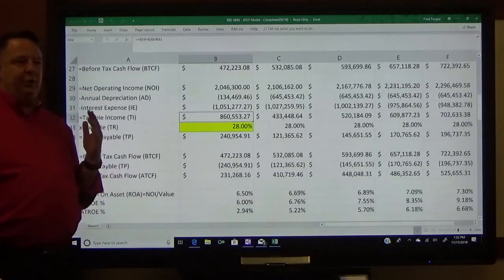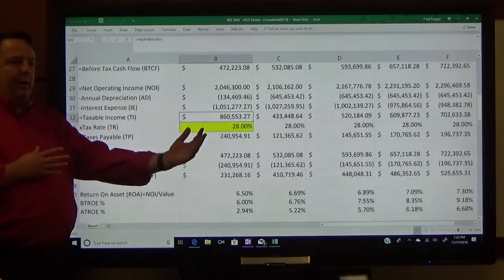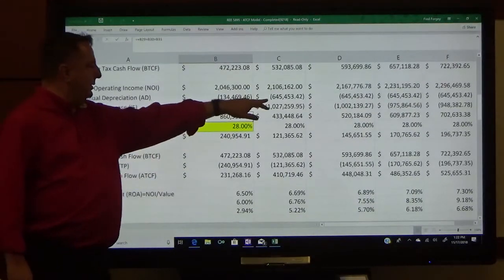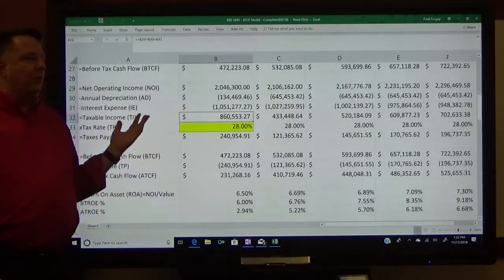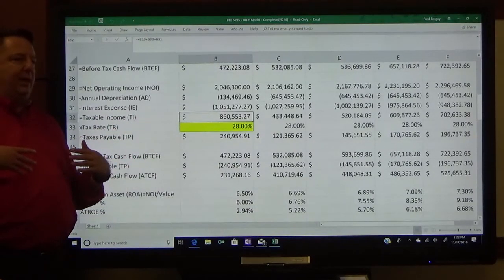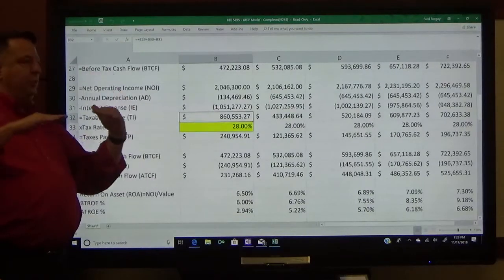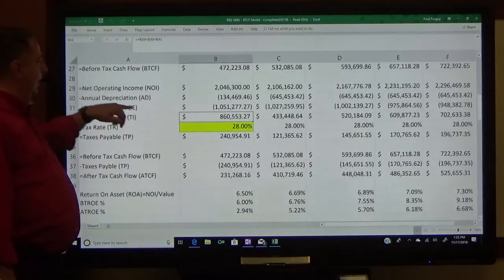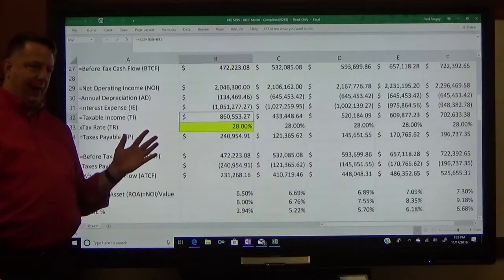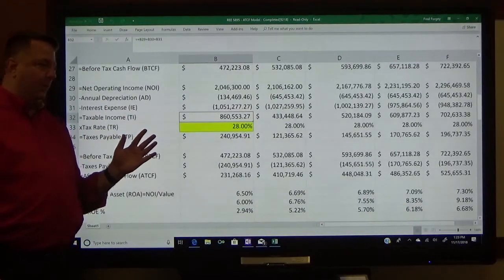You're not actually getting a check from the IRS, or writing a check to anybody for this $134,000 or the $645,000. That's not real money, okay? It's found money in the sense that the IRS is saying, we're going to allow you to deduct that from your income to figure out how much taxable income you have. Does that make sense?